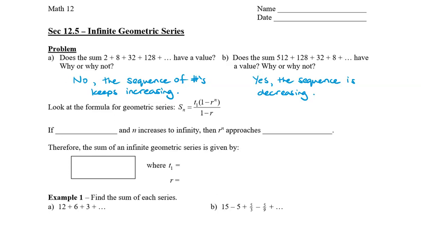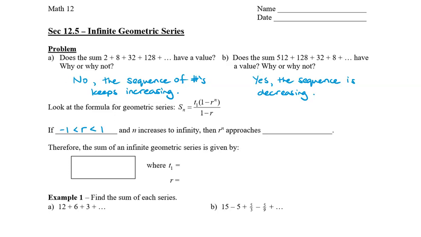Now, if we look at the formula for the geometric series, which I've written right here, we can see that we have in the numerator t1 times, in brackets, 1 minus r to the n, all divided by 1 minus r. Now, knowing that this ratio has to be less than 1, it could actually also be greater than -1.